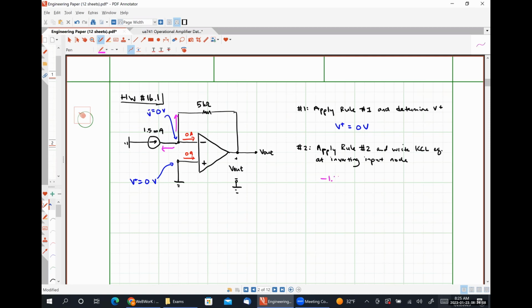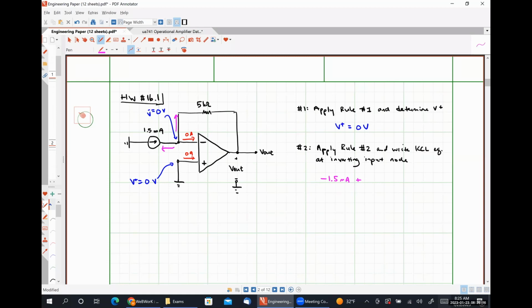So in this case, we are going to have negative 1.5 milliamps plus, so that's the current flowing to the left out of our inverting input terminal. Now we're figuring out what the current flowing up out of our inverting input terminal is.